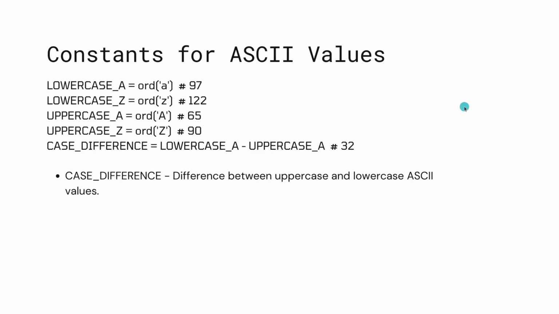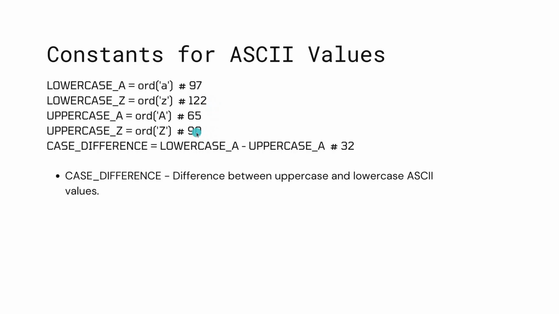Okay, so we're going to use some constants for this. Lowercase a is ASCII value 97, z is 122, and so forth. And then we have a case difference where we are subtracting the uppercase from the lowercase values. As you can see here, the lowercase z is 122, the uppercase Z is 90.